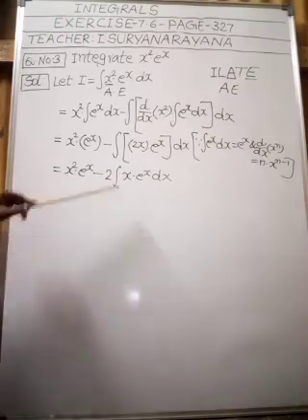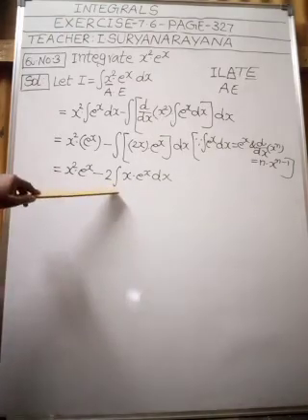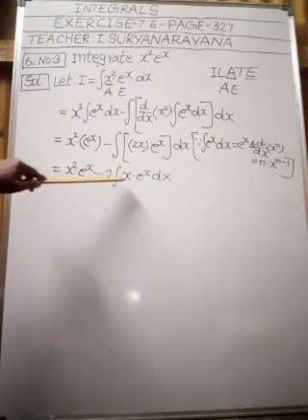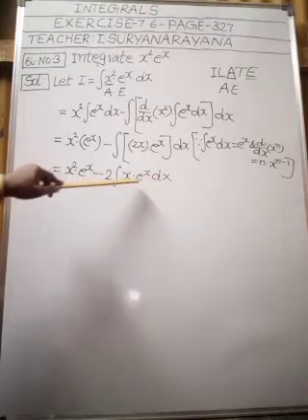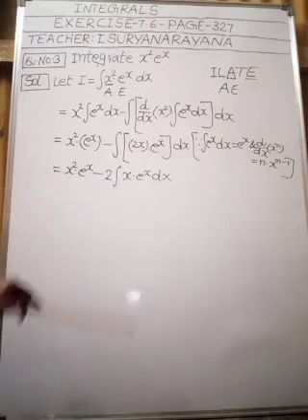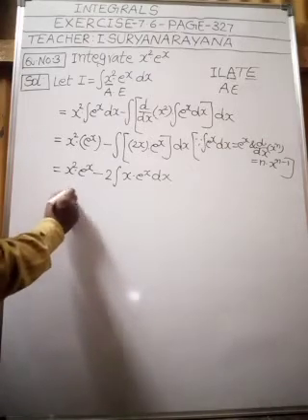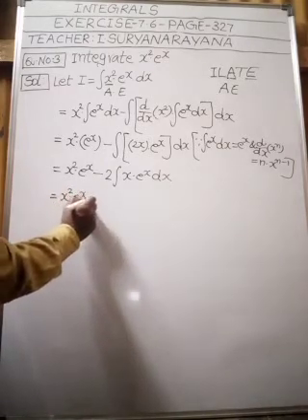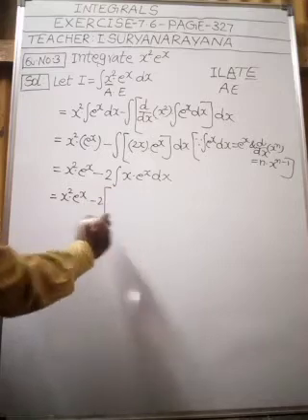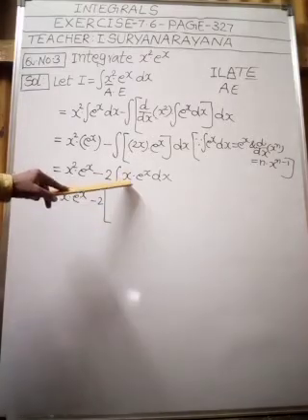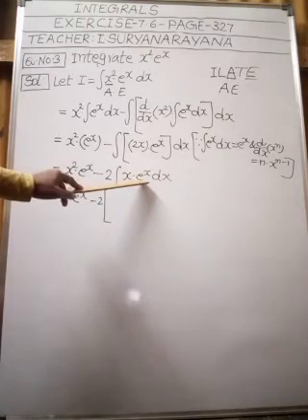Okay, my children, to evaluate integral of x e power x dx, we have to use again integration by parts method. Okay, my children, right. X square e power x minus 2 into, again we have to assume that this is the first function and this is second function in your mind.